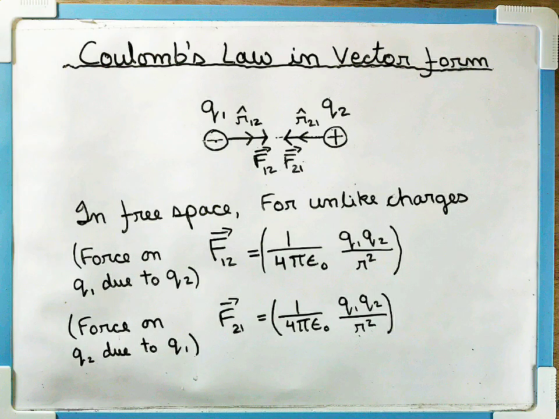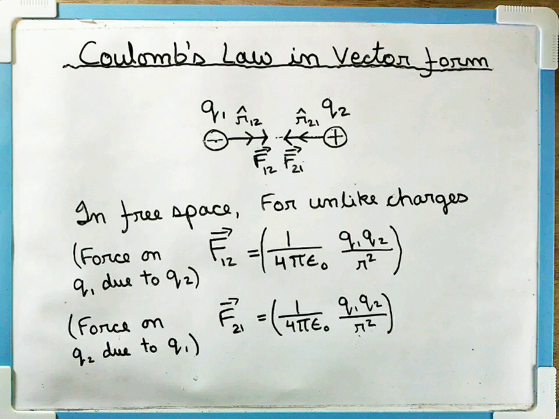If Q1 is positive and Q2 is positive, we'll have this case. Or if Q1 is negative and Q2 is negative, then we'll also write Coulomb's law in this way. If the charges are unlike charges, one positive and one negative, then Coulomb's law in vector form will be different.